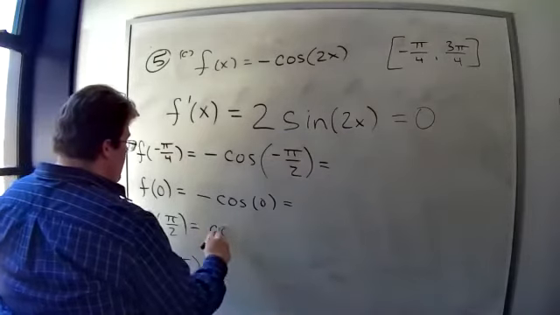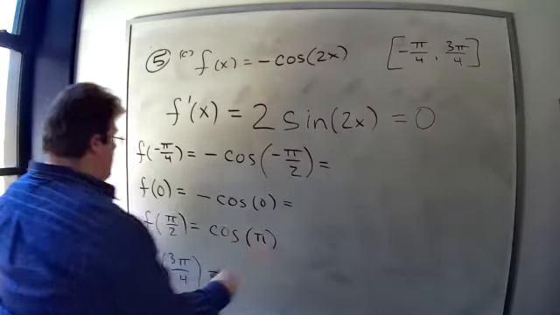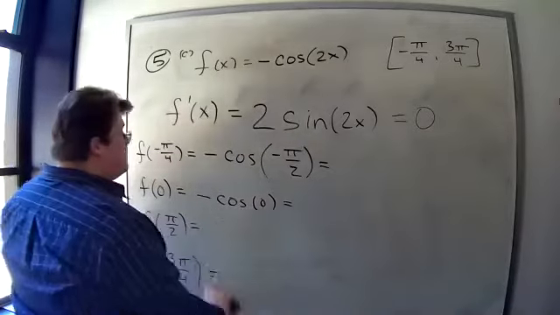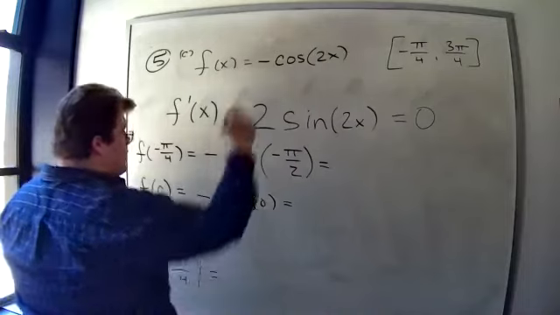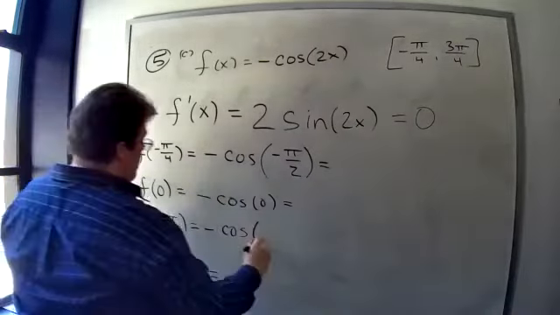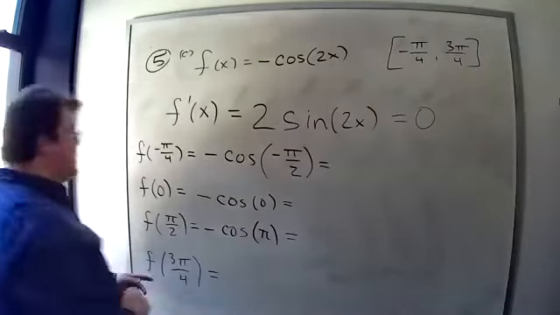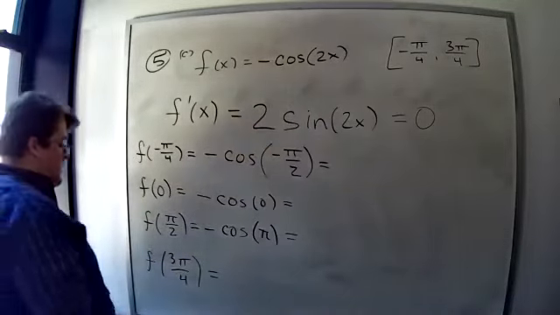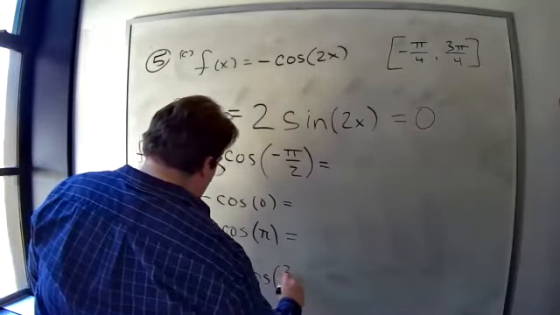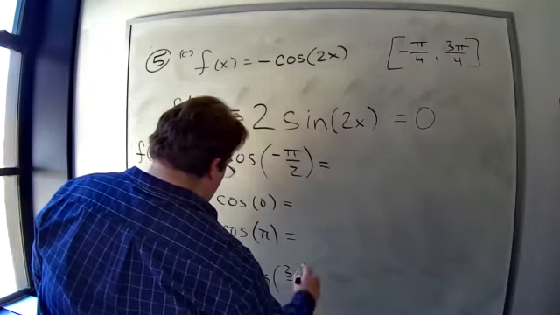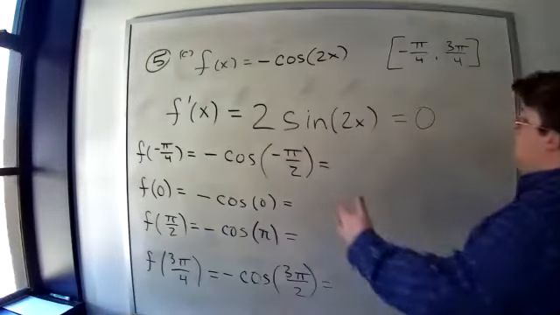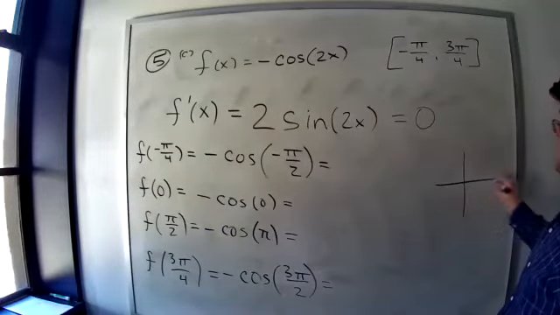We have negative cosine of 2 times pi over 2, which is pi. And here, 2 times 3 pi over 4 is 3 pi over 2. So we have all of these trig functions to consider. Notice all of our angles are on the unit circle.